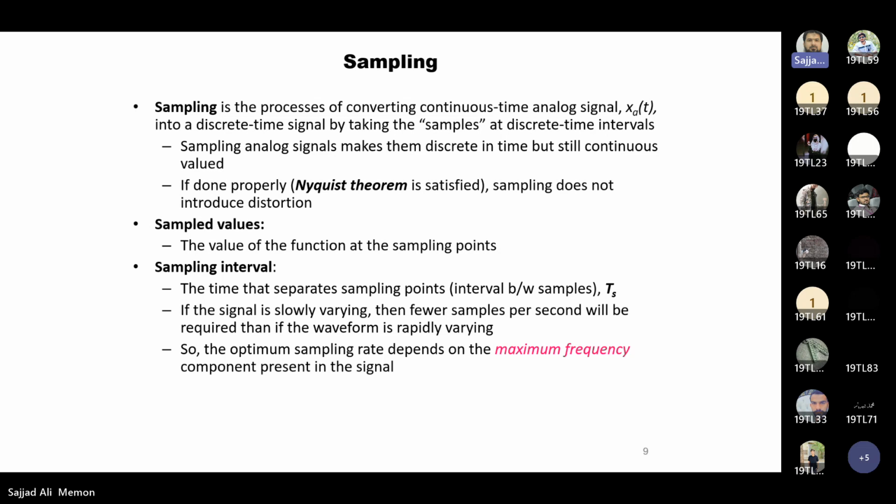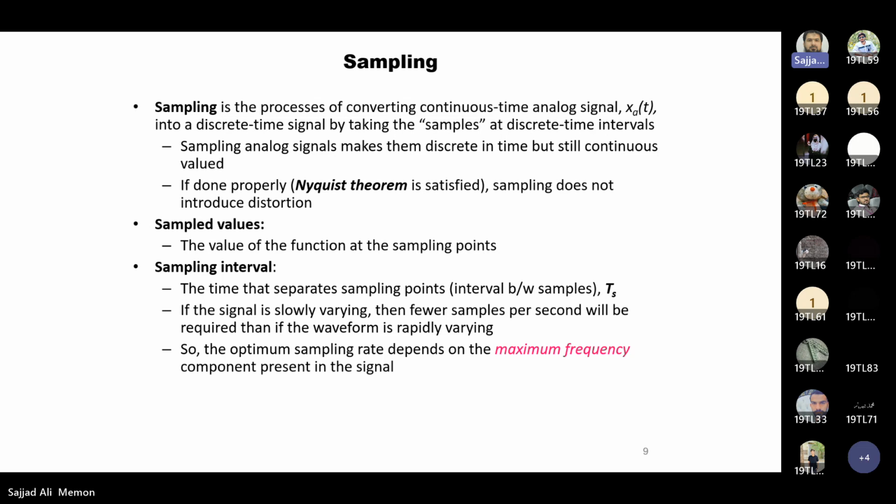In real-time communication, we always prefer to have oversampling, because that will not introduce any distortion in the signal. But if we go with the exact Nyquist sampling, like if we have 4 kilohertz of information, then the sampling rate will be equal to twice the maximum frequency, that will be 8 kilohertz.